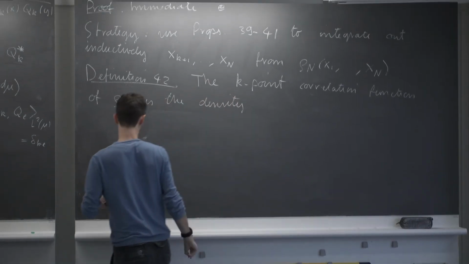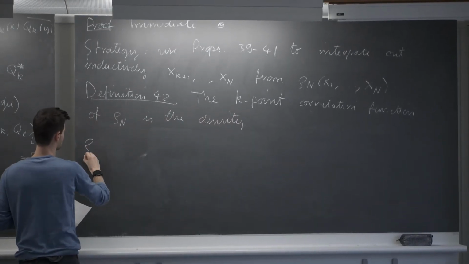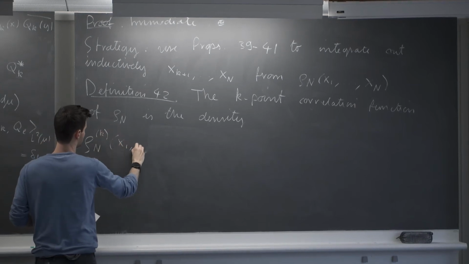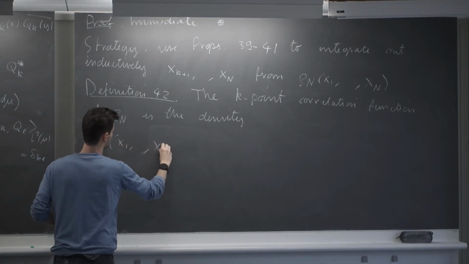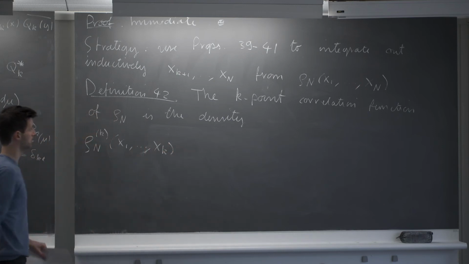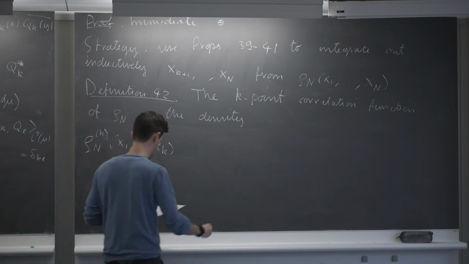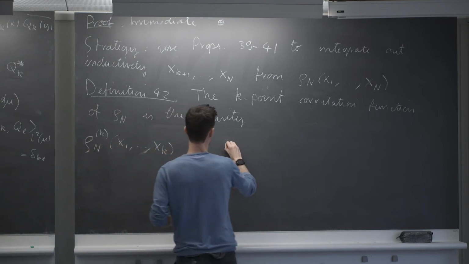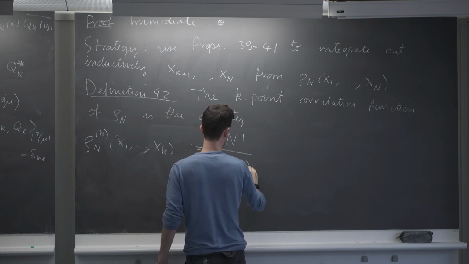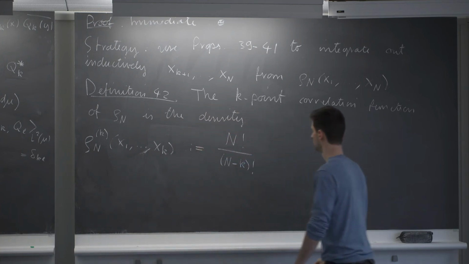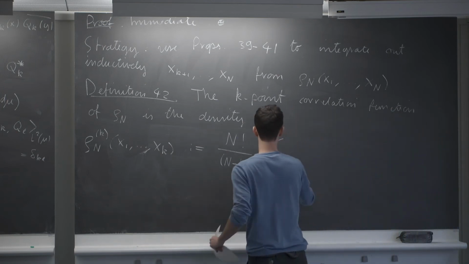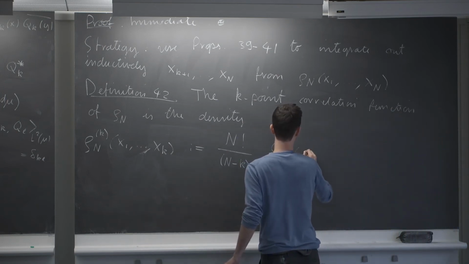We are always working with densities. Correlation functions are always densities. It depends on k variables, and up to this combinatorial factor, which is n factorial over n minus k factorial, it is just the integral.